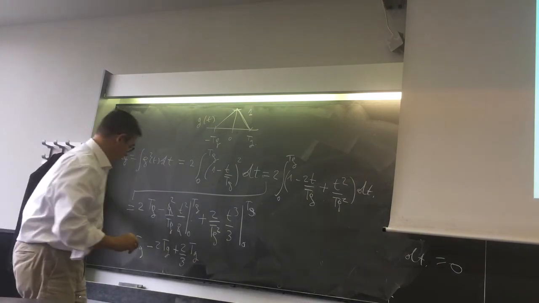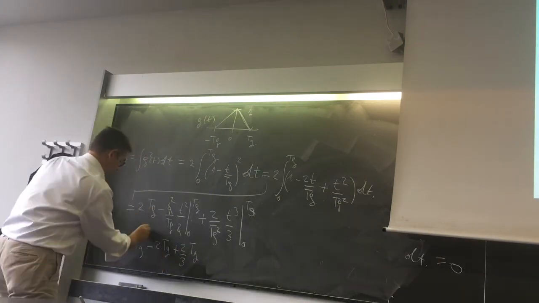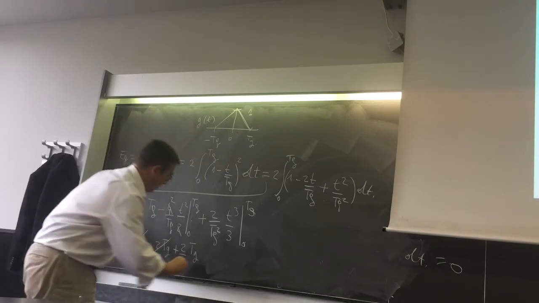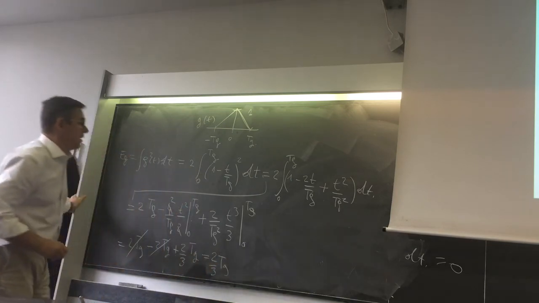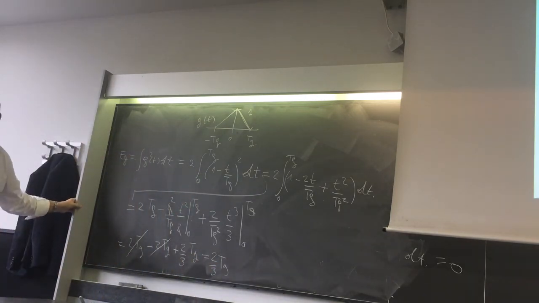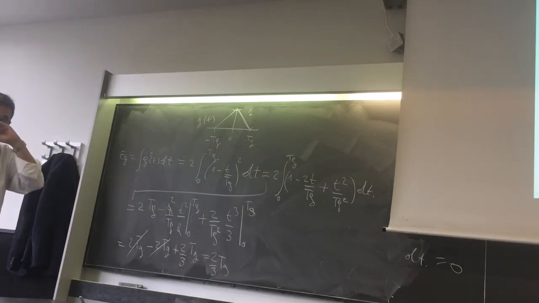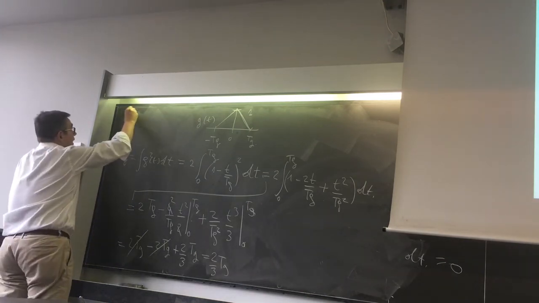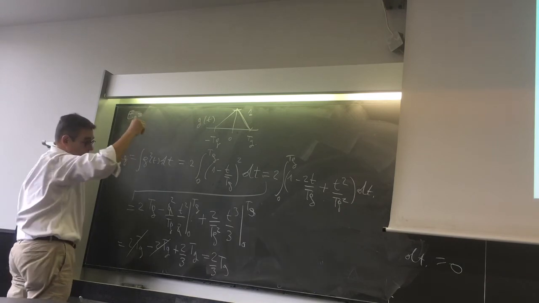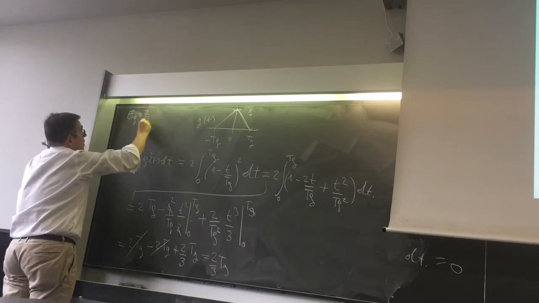So it is 2/3 tg. Okay, so that's the energy. I go here, I put it here. Eg is equal to 2/3 tg.